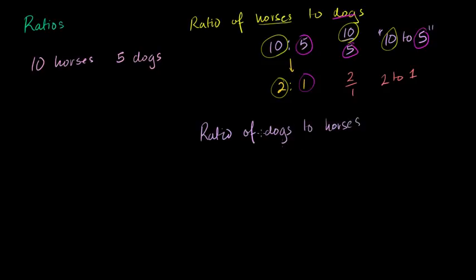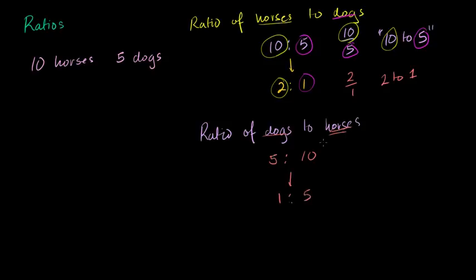So what's the difference in these two statements? Here I said horses to dogs. Here I'm saying dogs to horses. Since I've switched the ratio, I've switched the numbers. So for every 5 dogs, I have 10 horses. Or if I divide both of these by 5, for every 1 dog, I have 2 horses.